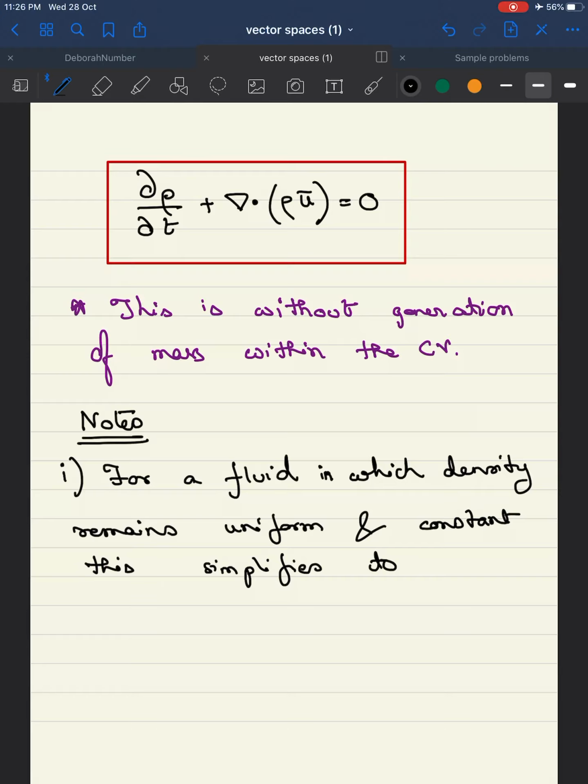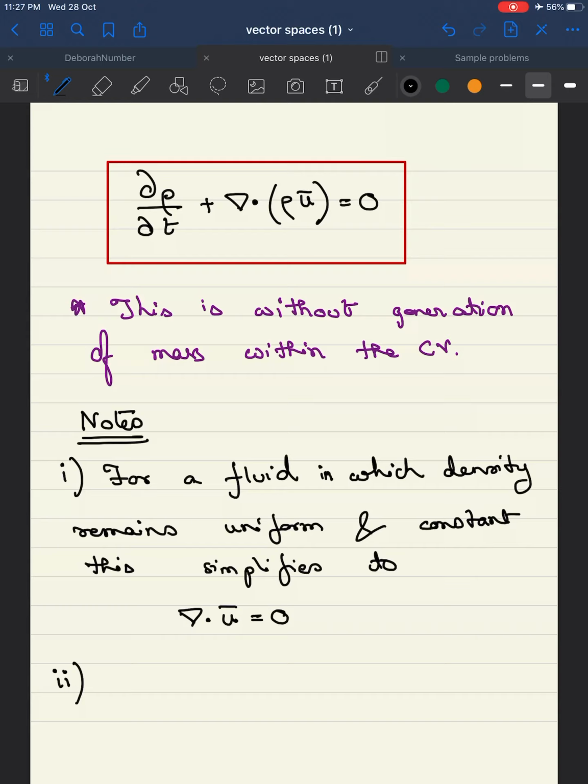If the density is uniform and constant, then what happens? This first term goes to 0 because it is not varying in space, neither is it varying in time. So this term goes, and this rho can be just taken out, and you end up with this being the continuity equation for constant density fluid. But remember that this comes because the density is uniform and constant. So the two were required.